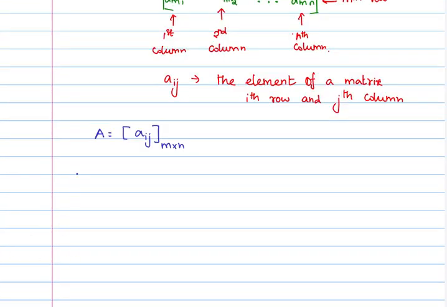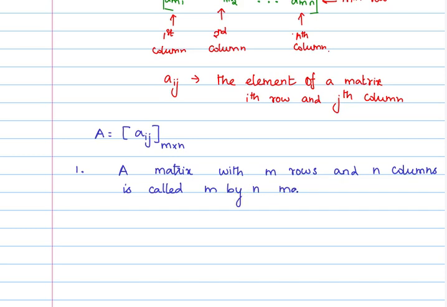Now we see what the size of a matrix is. A matrix with m rows and n columns is called an m by n matrix.